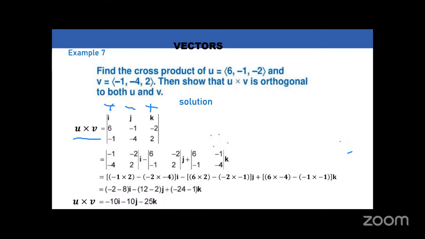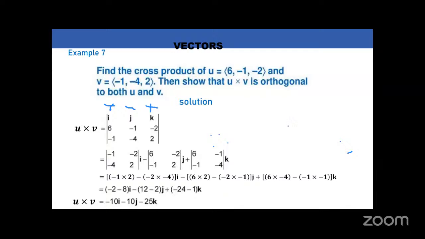Then V takes the second line, which is minus 1, minus 4 and 2. So you first of all set up the equation like this, and then the next step is to multiply across the diagonal and find the difference.